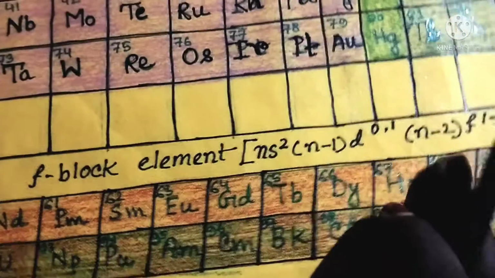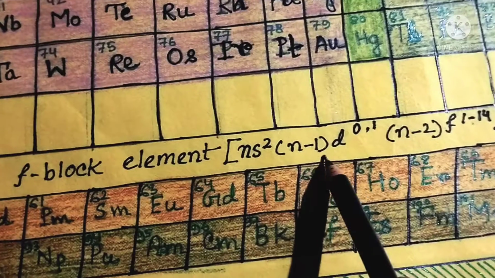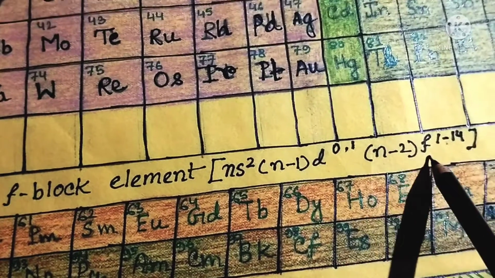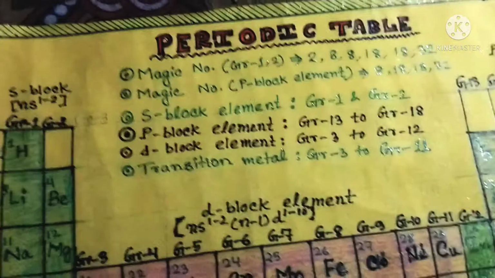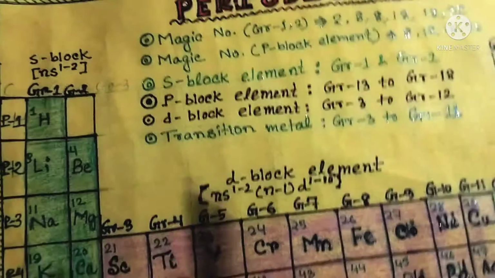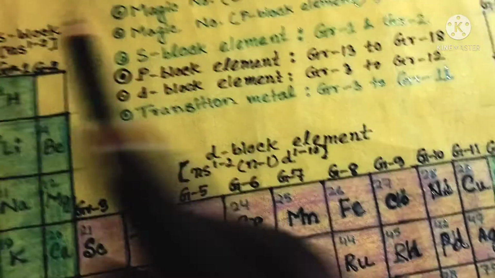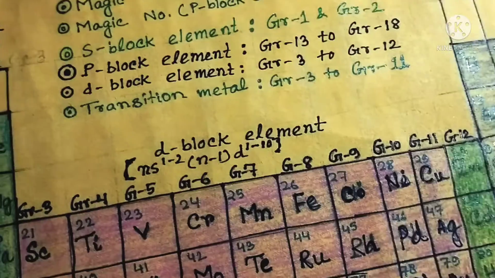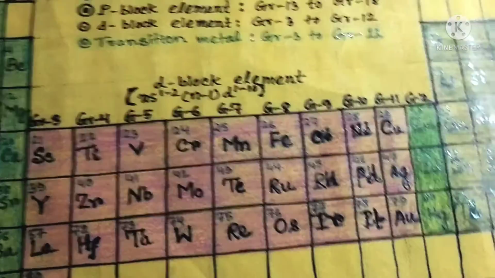And the general configuration of F block elements is ns2, (n-1)d 0 or 1, and (n-2)f 1 to 14. So this is the modern periodic table. This is S block element, group 1 and 2. From group 3 to group 12 they are known as D block elements, also called transition elements.